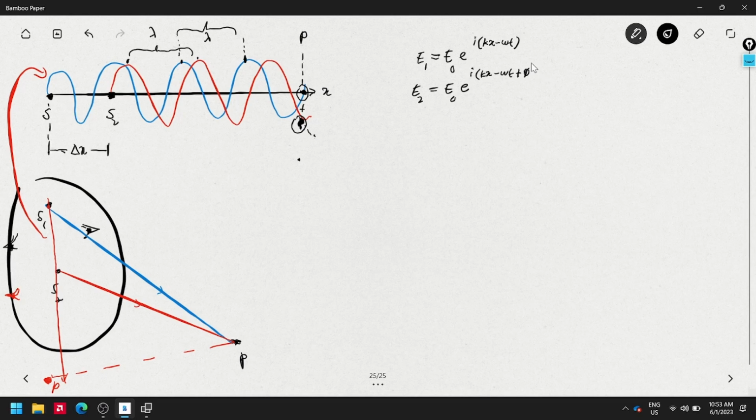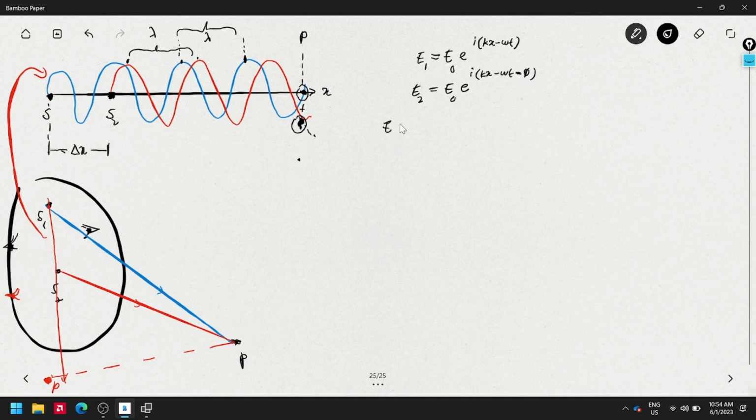Okay, plus phi. But the thing is, it is in front, so you have to minus. Yeah, my apologies, you have to minus, because the source over here is in front of the first source. Okay.